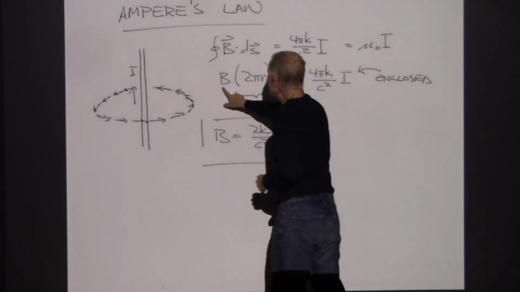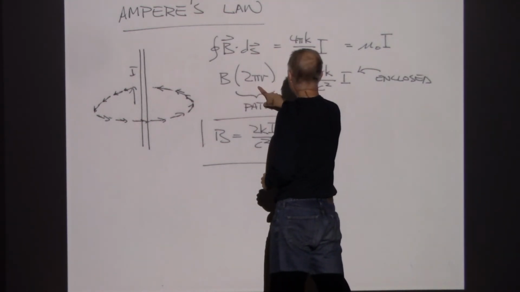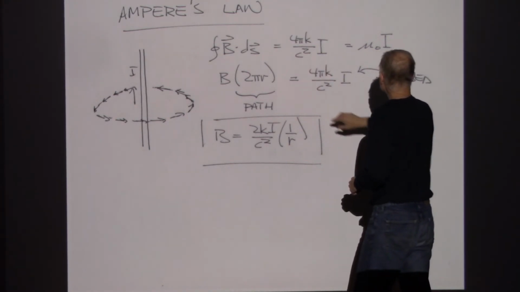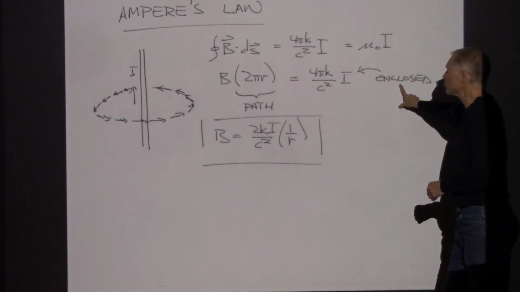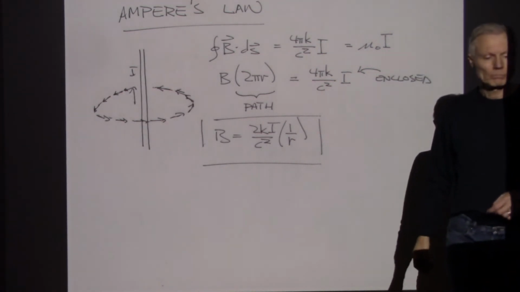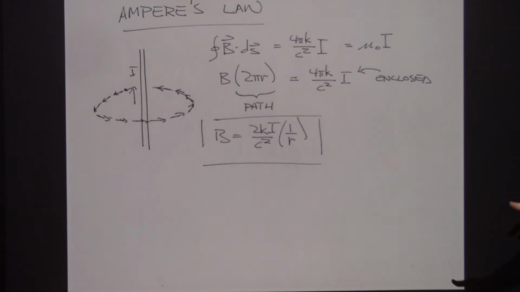So B times the path length, 2 pi r, is equal to 4 pi k over c squared, which is just a bunch of constants, times the enclosed current. That's the formula, and it's analogous to the one that we saw in the previous example.